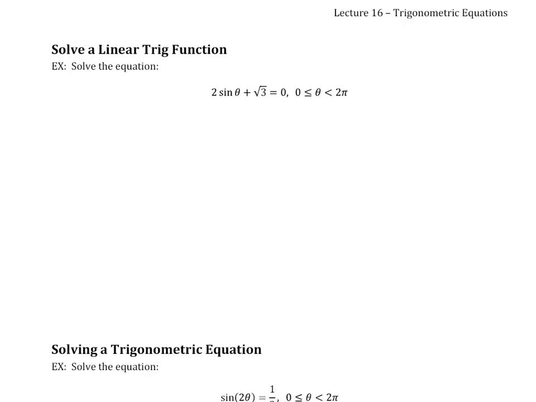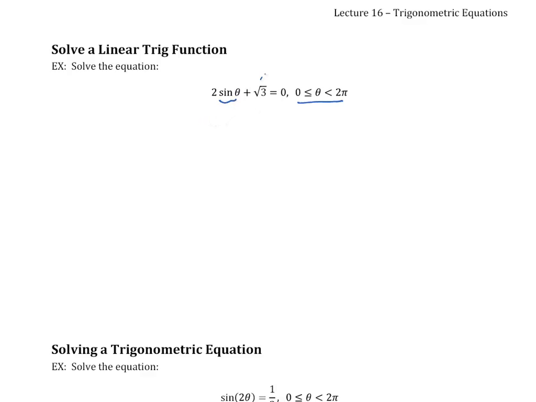Another type of question that we will see is one where we've actually got to do a little bit of work to get the trig function by itself. In this case, we've got 2 sine of theta plus square root of 3 equals 0. And we're actually only asked for the solutions from 0 to 2 pi. So we don't have to find a general formula in this case, but we still got to get sine of theta by itself.